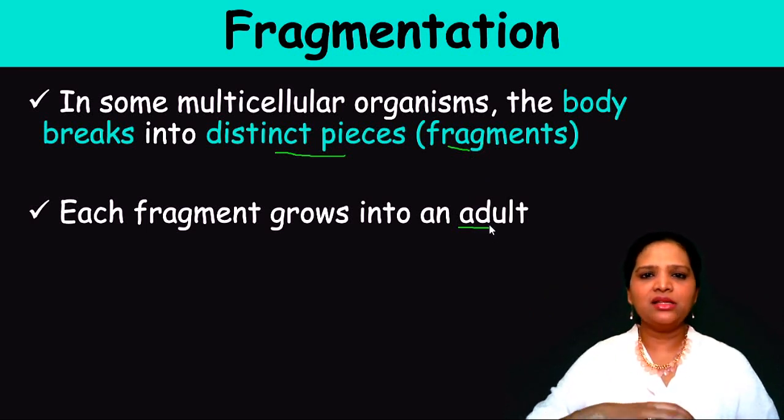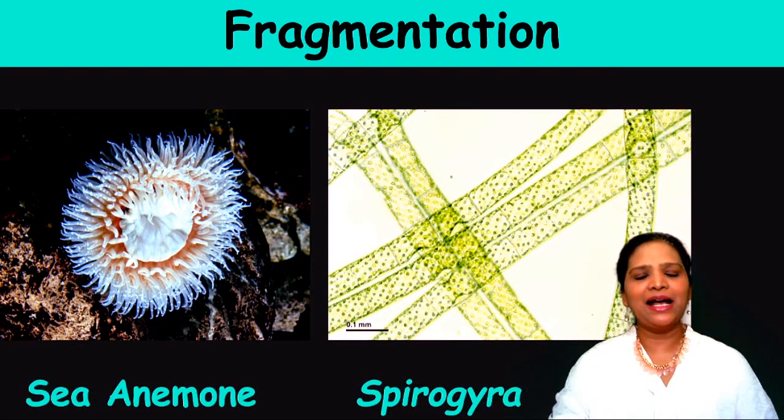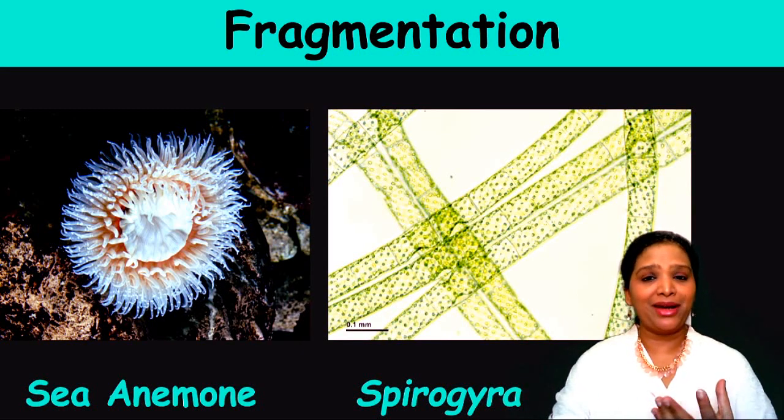This method of asexual reproduction is called fragmentation. Two important examples are sea anemone and Spirogyra. Sea anemone is found in marine water, and Spirogyra is a freshwater alga. These two are examples of fragmentation.